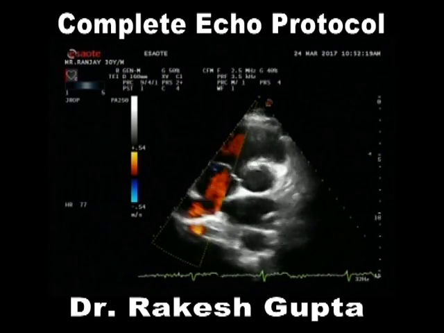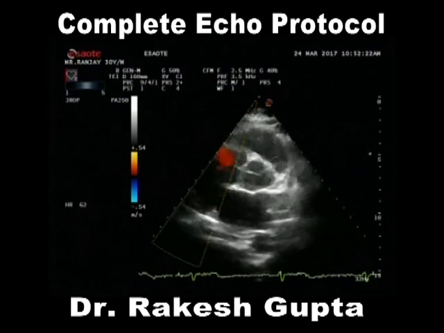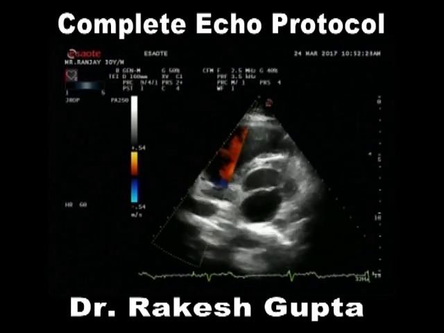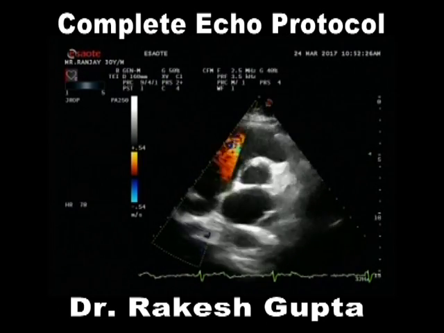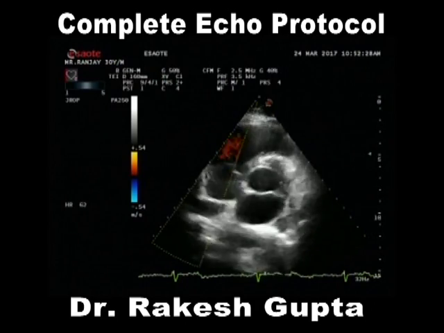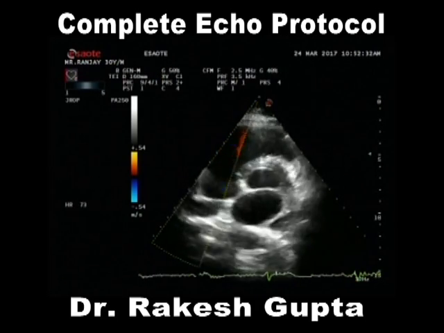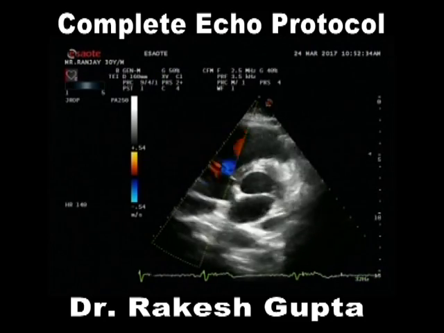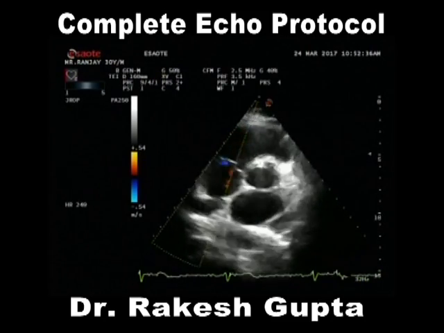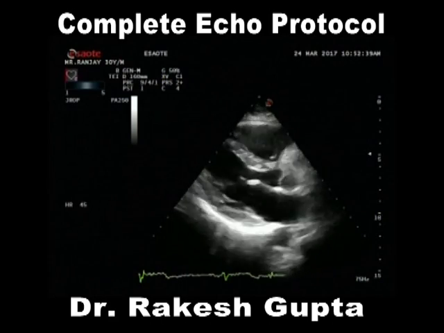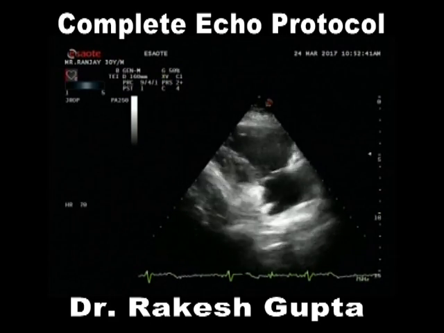At this tricuspid valve, I should always try to look for a TR gradient, especially if the patient has a lung condition or chronic obstructive pulmonary disease. Look, we are able to see some amount of TR jet in this particular subject. This is one window where we are looking for a tricuspid regurgitation jet.